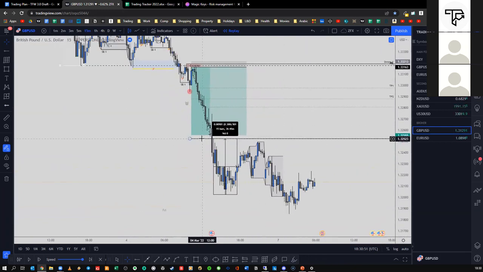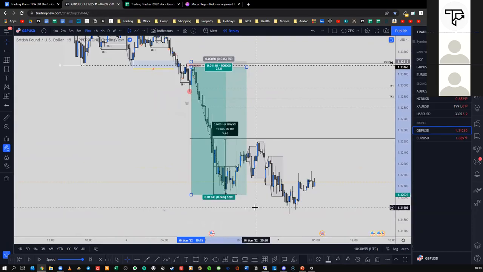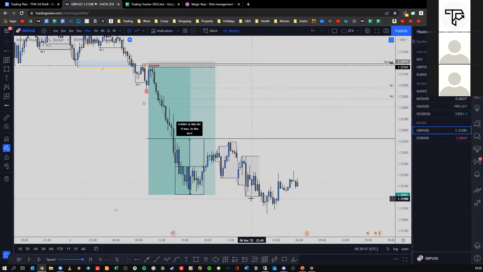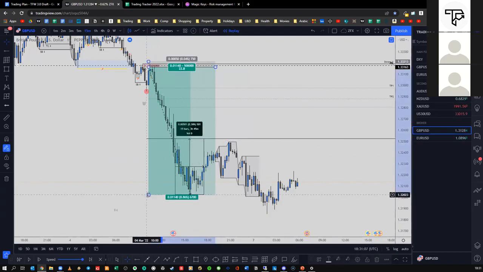But what we saw was a really nice push to the downside. By this point on Friday, we'd already pushed 114 pips from our entry. So very quickly, I knew that my profit at a minimum based on that would be 63 pips from my entry.